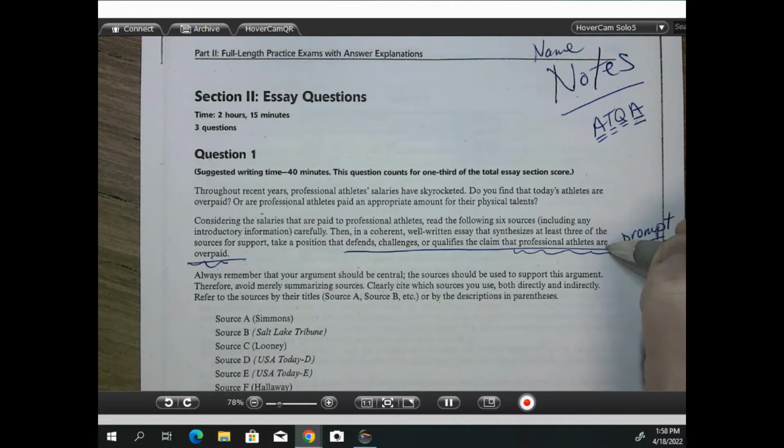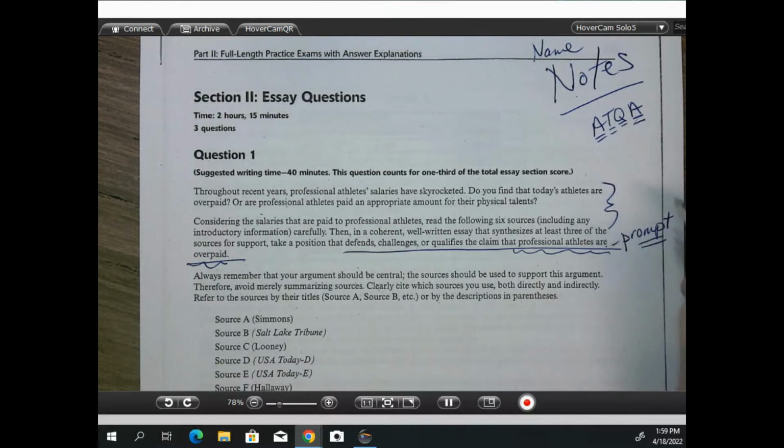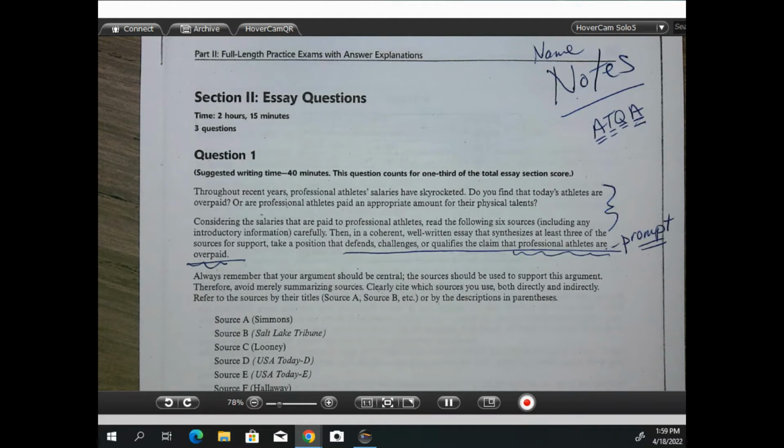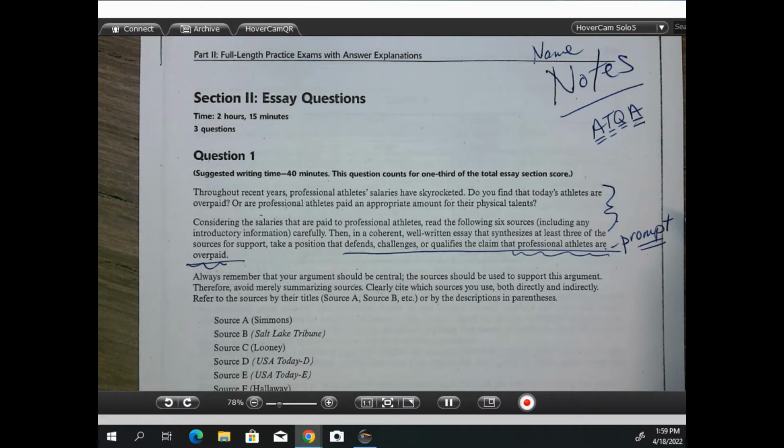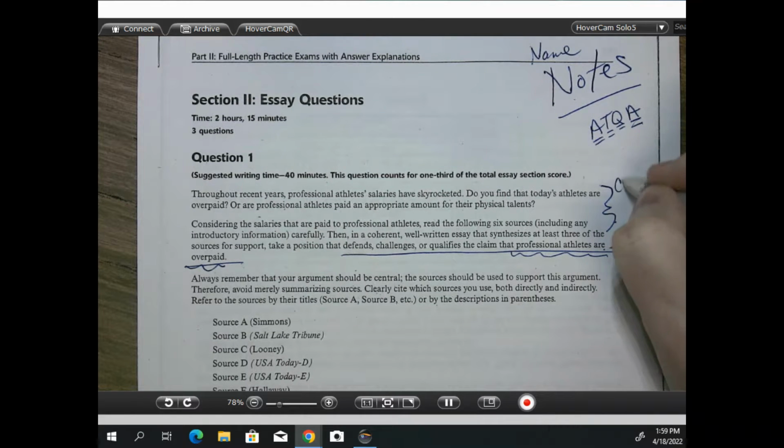Okay, the prompt, this is where you generally find the prompt. So what are you going to find in front of the prompt? Sometimes it's short, sometimes it's long, but it's always the same thing. What is this? Yeah, it's the context, the background.